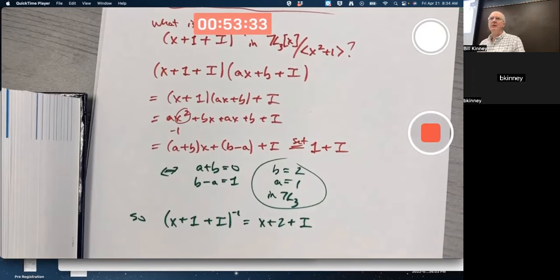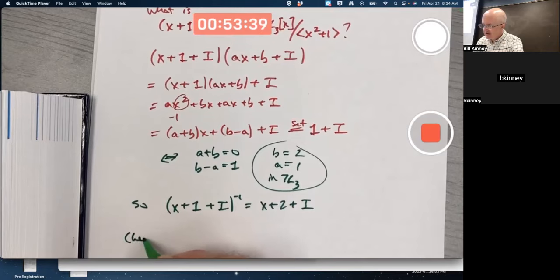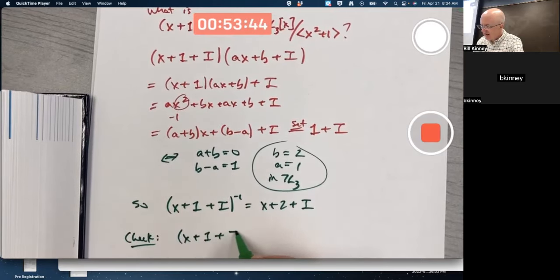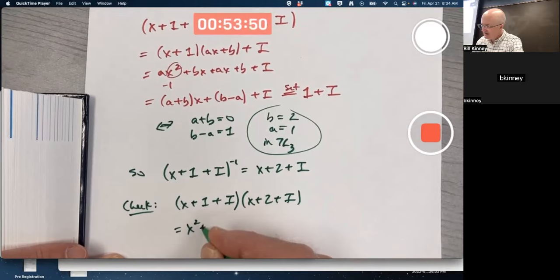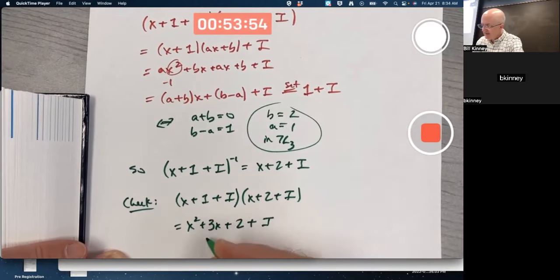Okay, we could check by multiplication as well. Maybe I should do that. x plus 1 plus I times x plus 2 plus I. It's x squared plus 3x plus 2 plus I. 3x is 0, x squared is -1.